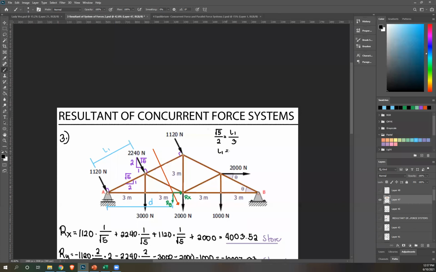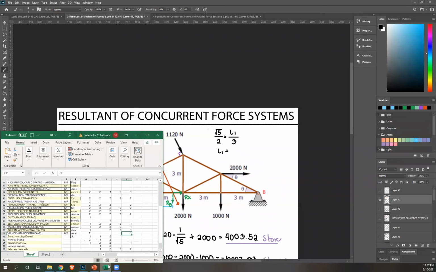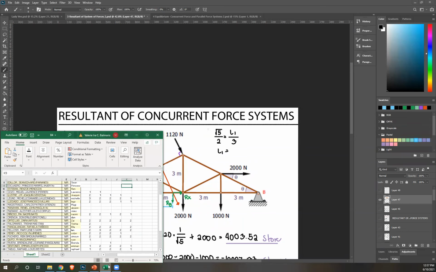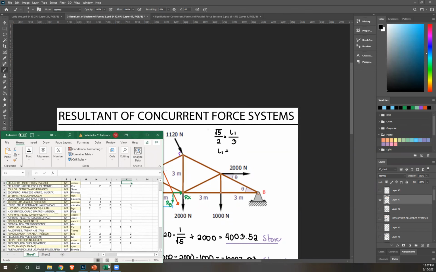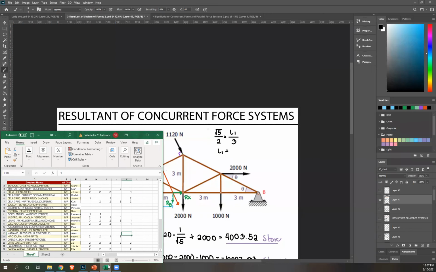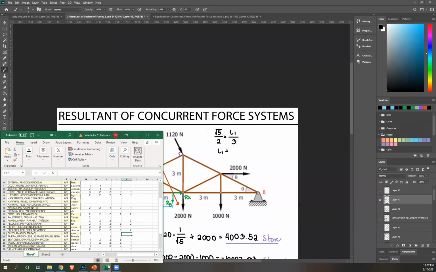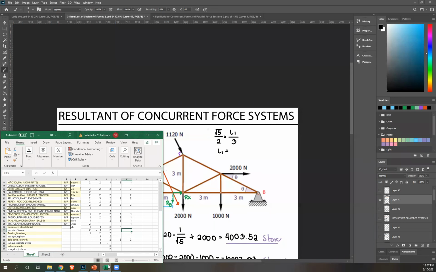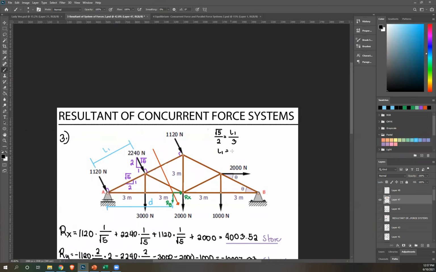And then from this, what's L1? Right, it's 3.35. Store that in your calculator. Okay, so 3.35.